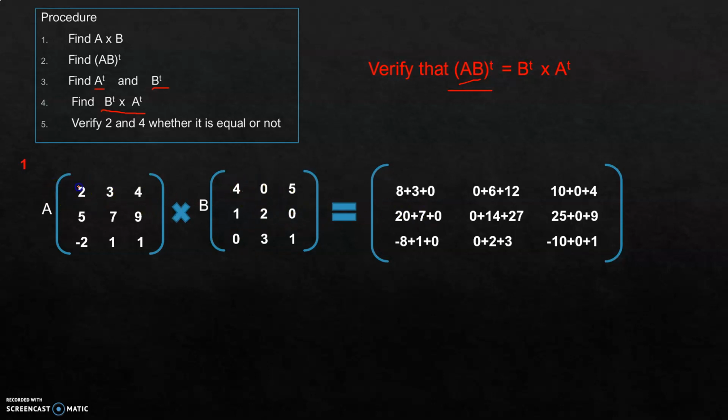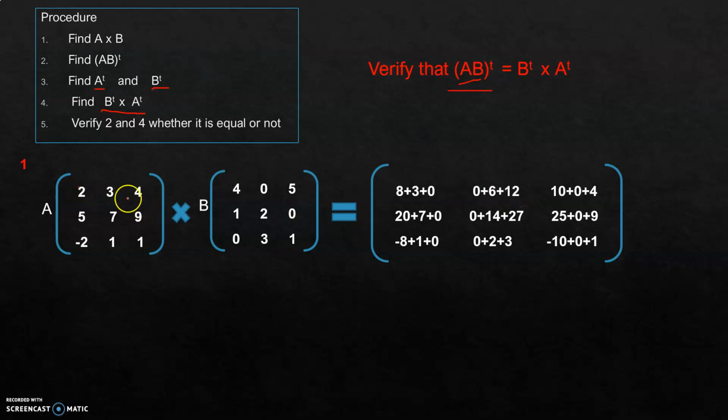Here it is 2 into 4, that is 8, plus 3 into 1, 3, plus 4 into 0, 0. Then again the first row with the second column: 2 into 0, 0, plus 3 into 2, 6, plus 4 into 3, 12.